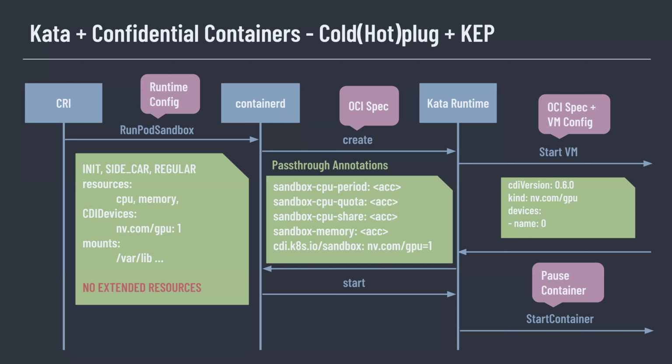So the PCI topology is correctly created, and we do not have to keep track of how many containers are coming because all the information is already there. And yeah, start VM, and we have the CDI specs available, and we can create all those devices.